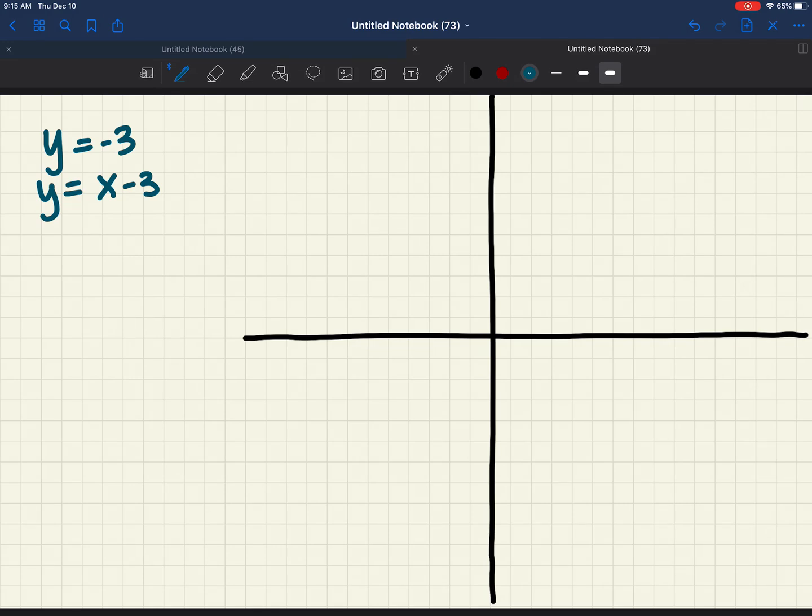We've talked about it briefly before. What type of line is it going to be? No, that's only for inequalities. You are going to go down 3, and then which direction is that line going to go? Yeah, it goes through the y-axis at negative 3.